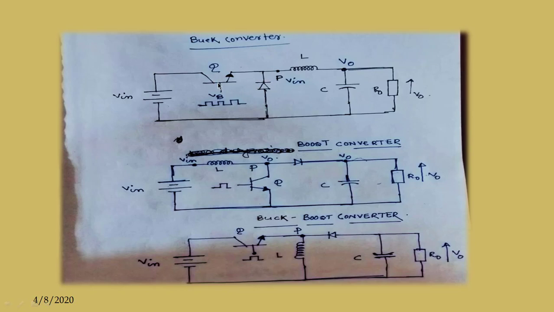Current conducts through this inductor, then the capacitor and load, and returns to the negative. This is conducting, meaning it is shorted, so the input voltage appears here and the output voltage V0 appears across the load. So the voltage across the inductor is V in minus V naught.